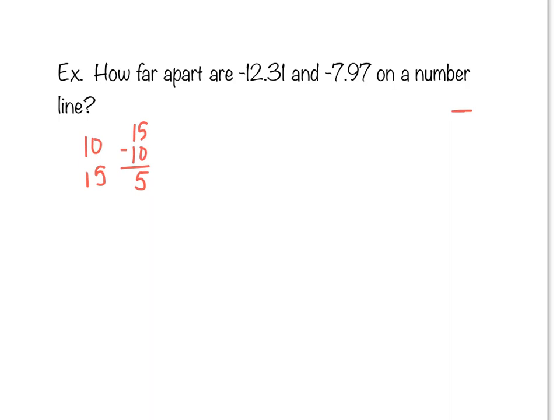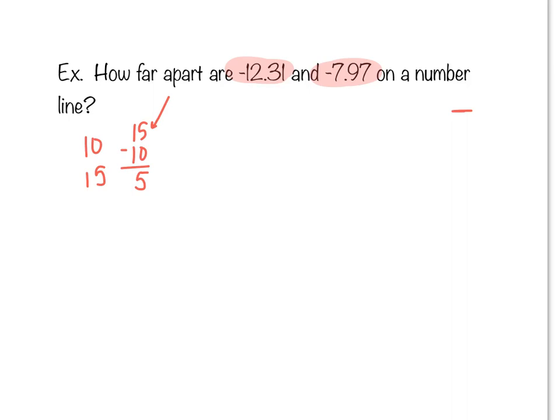And notice that when you subtract, you always put the larger number on top. So if you're looking at these two numbers here, the negative 12.31 and the negative 7.97, we're going to subtract them, and we're going to write the larger number first so we can put it on top. Now, if you're thinking that 12.31 is the larger number, it would be if it were positive.